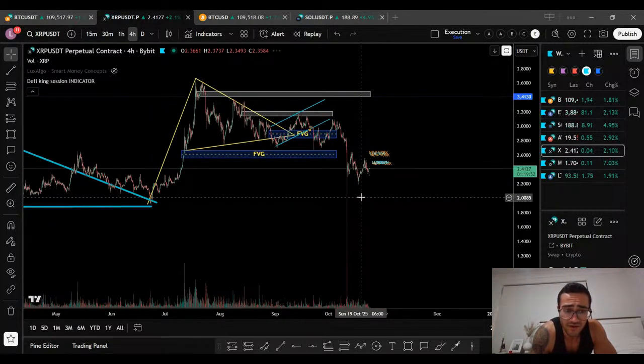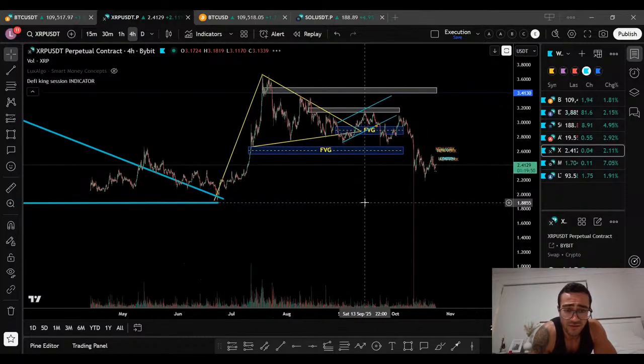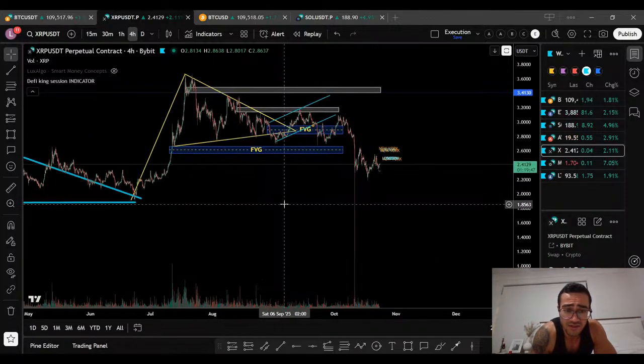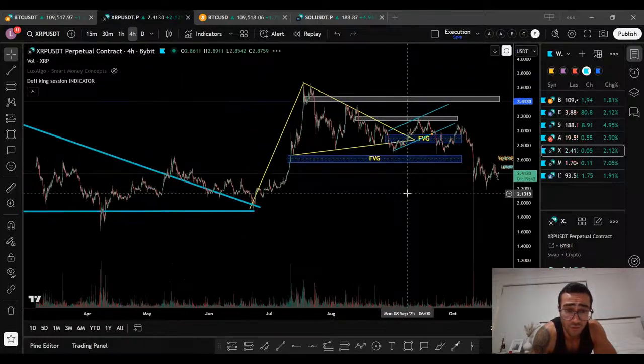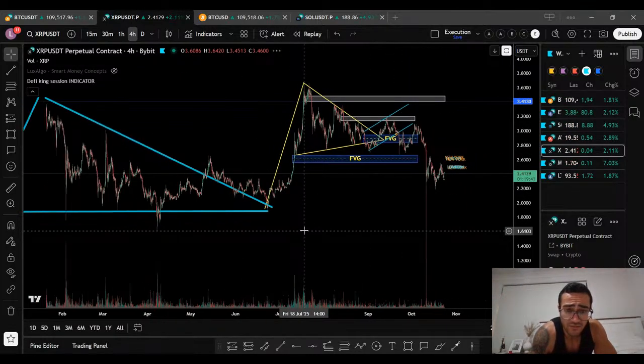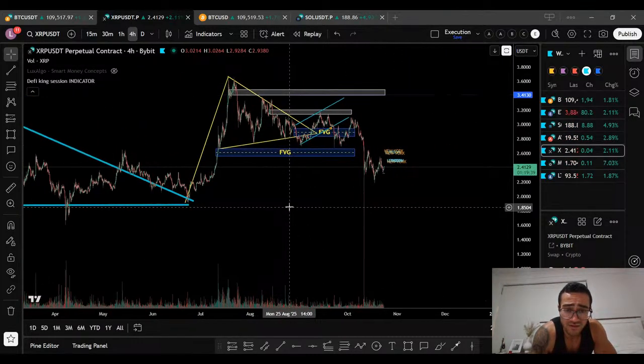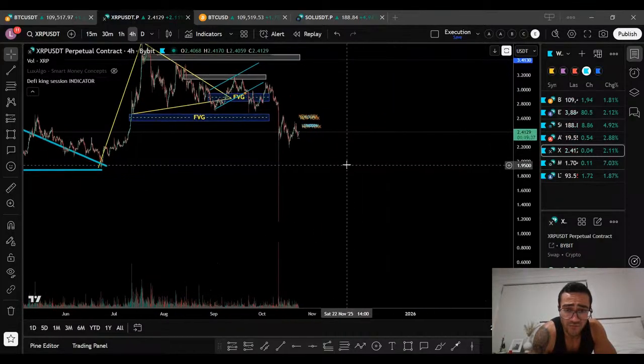Well, XRP's got nothing to do with that, and it is staying steady. We had a fake out after a bit of a bull flag, double bull flag actually, but Trump spoke and it dropped.